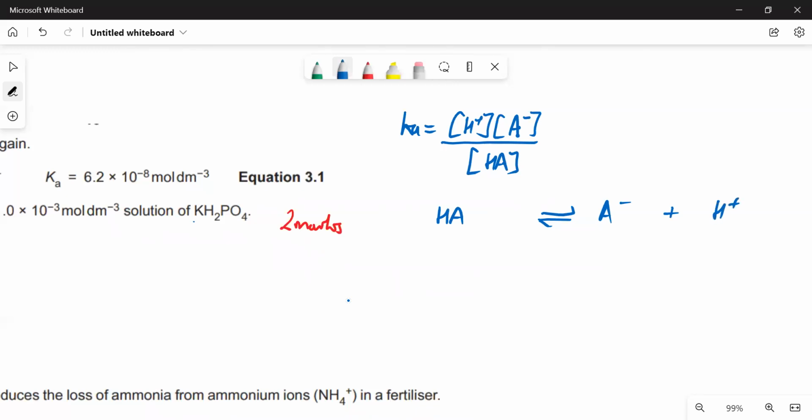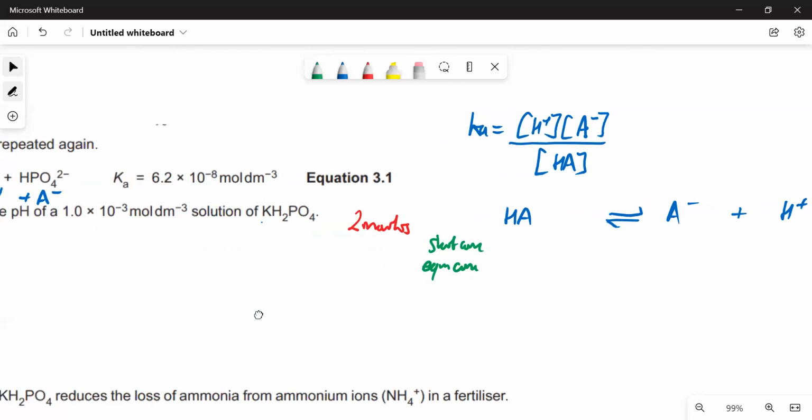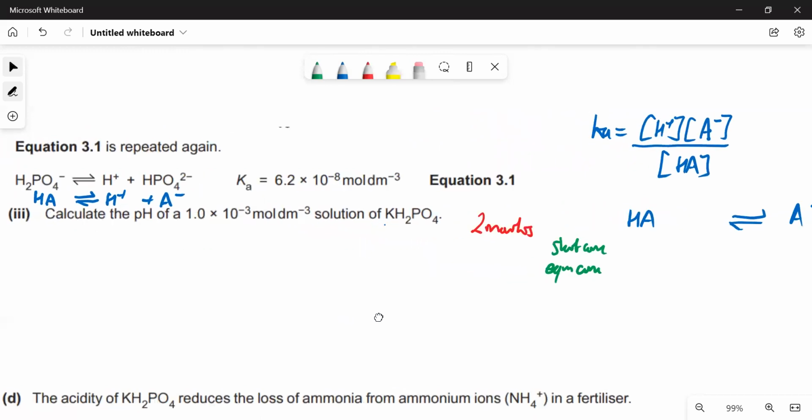I'm going to put down here start concentration, and here equilibrium concentration. The start concentration is before any of this has had a chance to lose a proton, and they tell us that is 1 times 10 to the minus 3, isn't it?